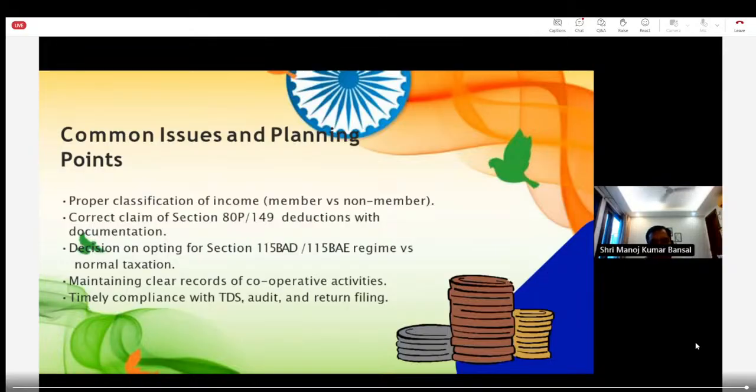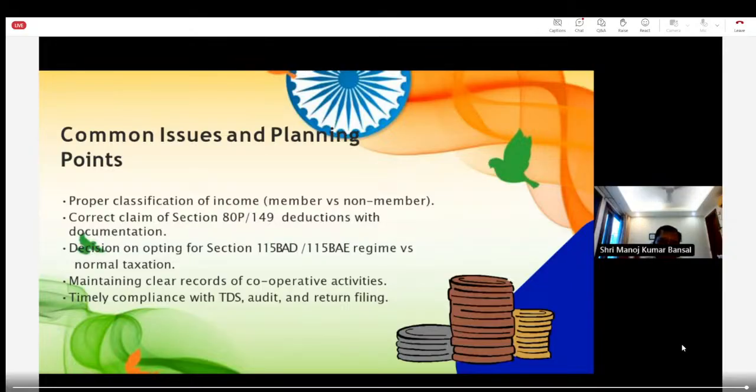If you opt for 115BAD or 115BAE, then you cannot revert back. So you have to continue with this section only, and tax will have to be paid accordingly. Suppose a society doesn't have much income, they can go in for normal filings also.